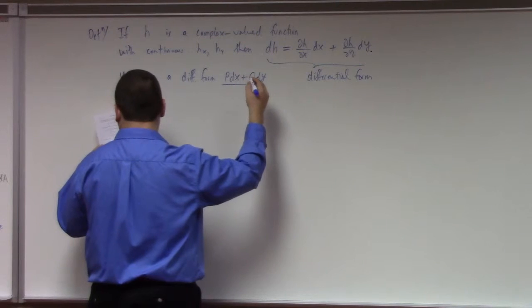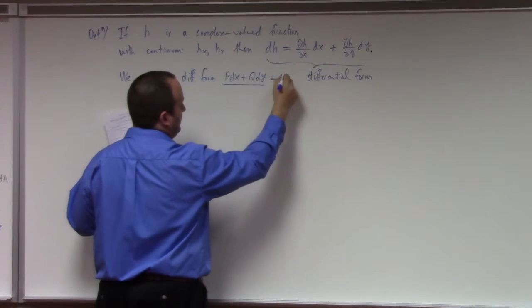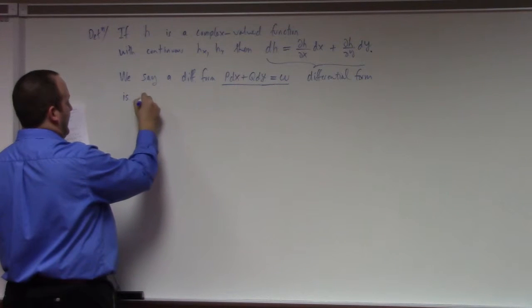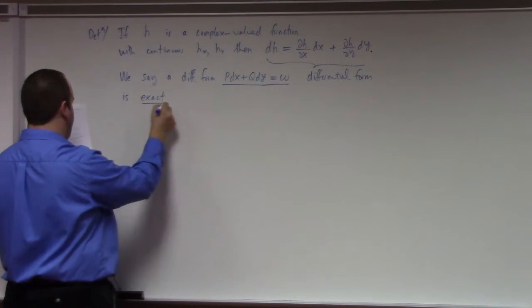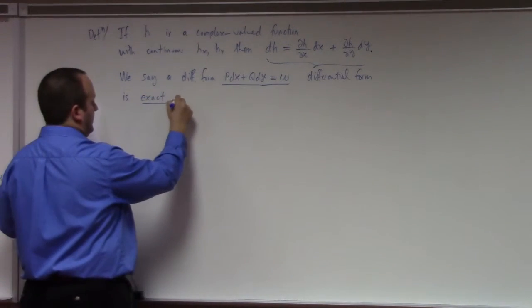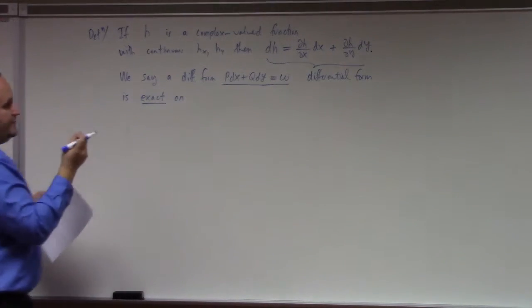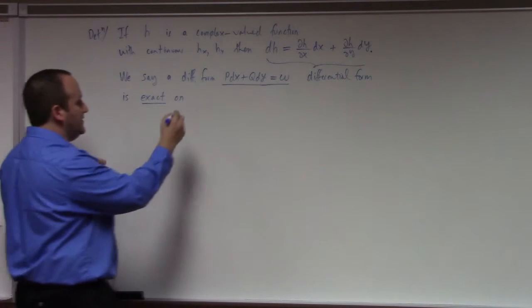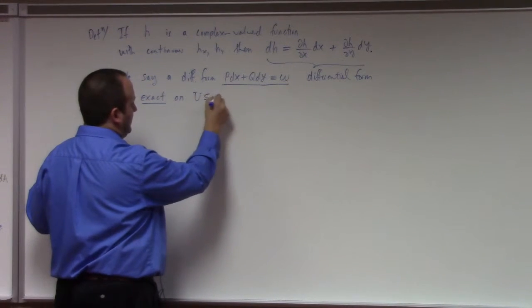Let me call it omega, just to give it a name. What does it mean for omega to be exact? We have to be careful. When we talk about exact forms, we have to talk about domain. Domain is crucial. So I should say exact on U, a subset of the complexes.